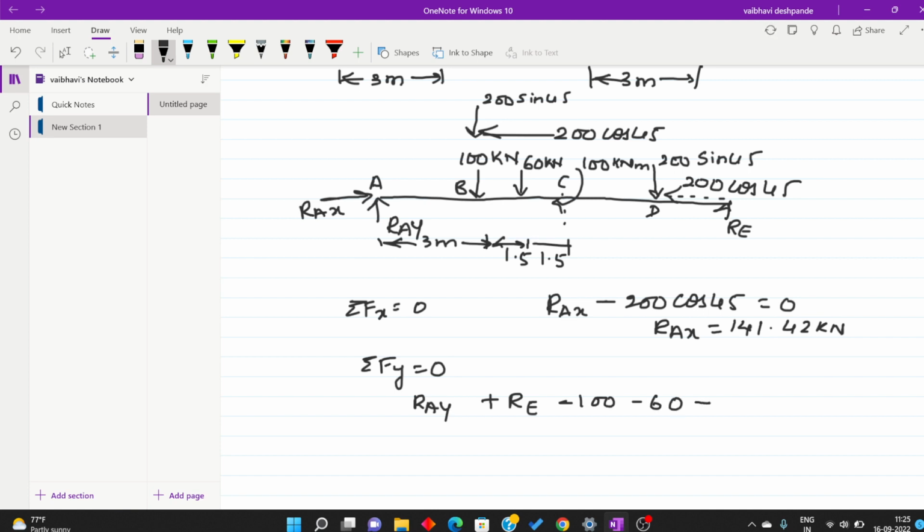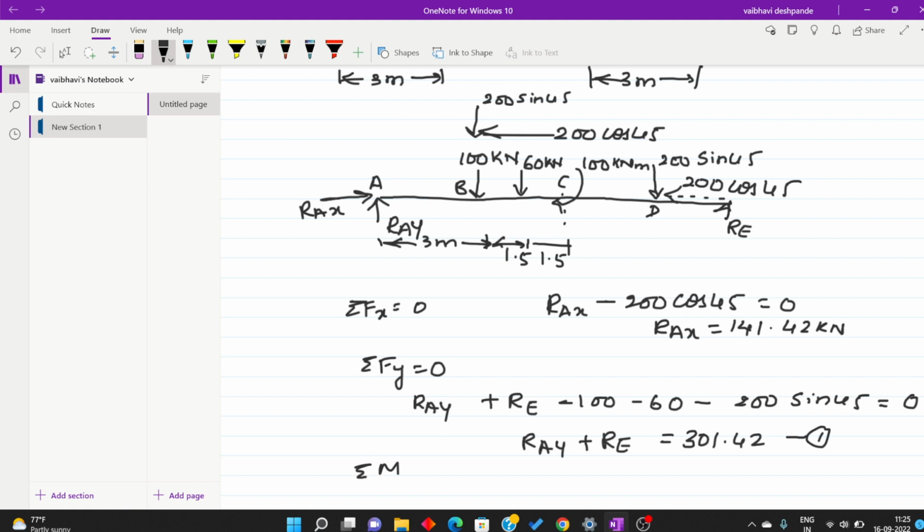No need to consider the moment here. Moment we have to consider while taking moment about A or E. So minus 200 sine 45 equal to 0. So we get RAY plus RE equal to 301.42. Let us say this is equation 1.